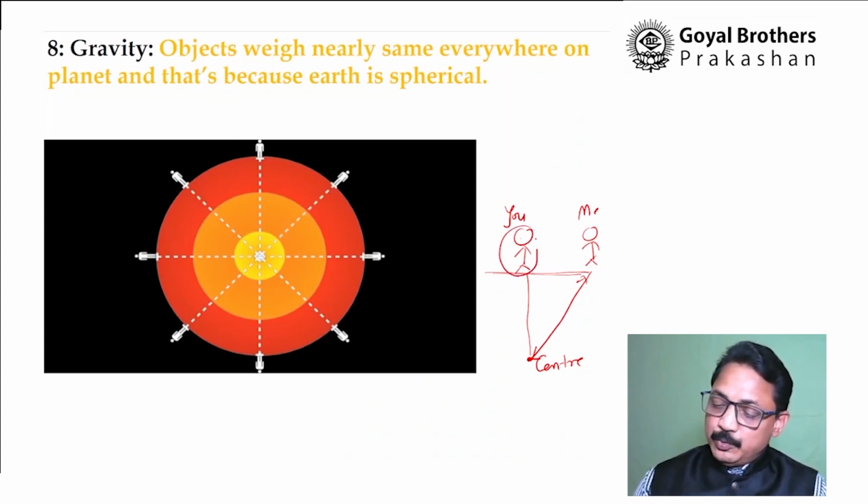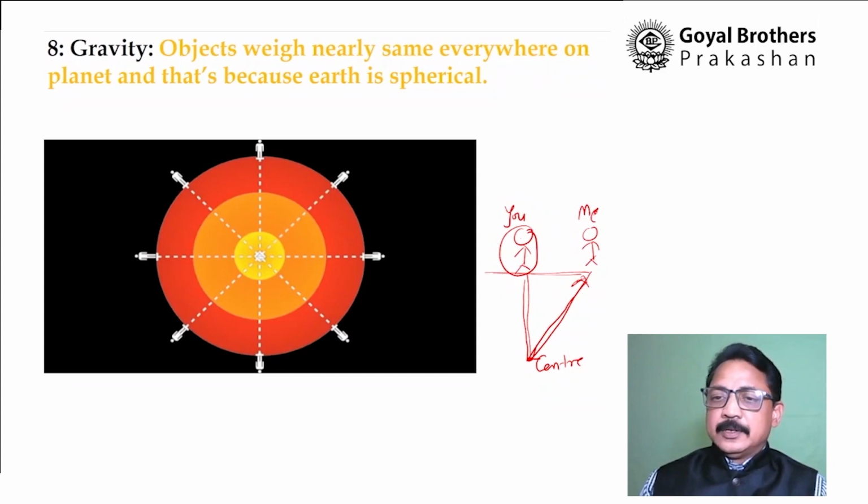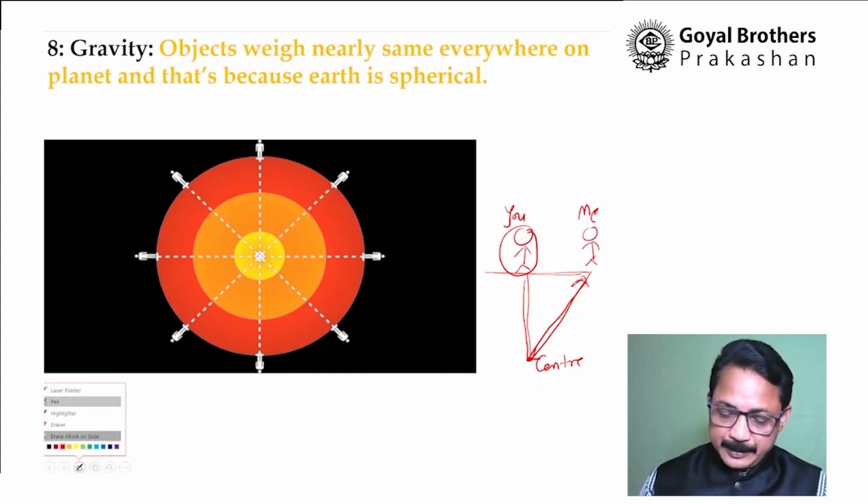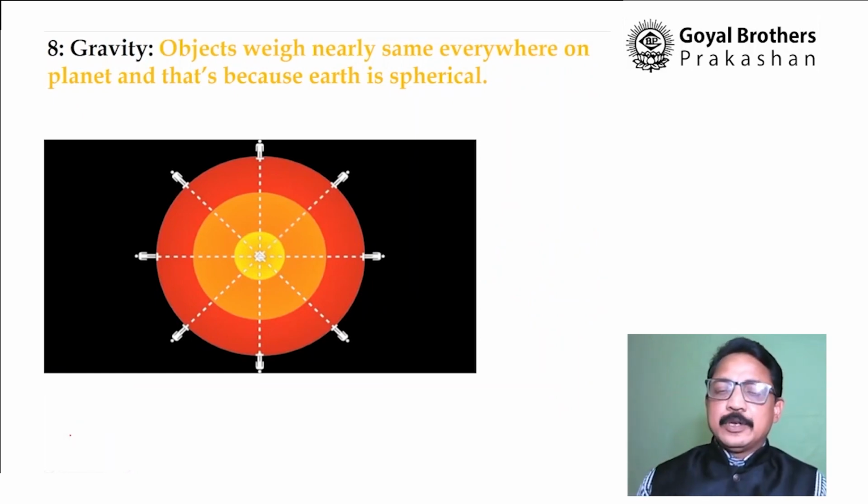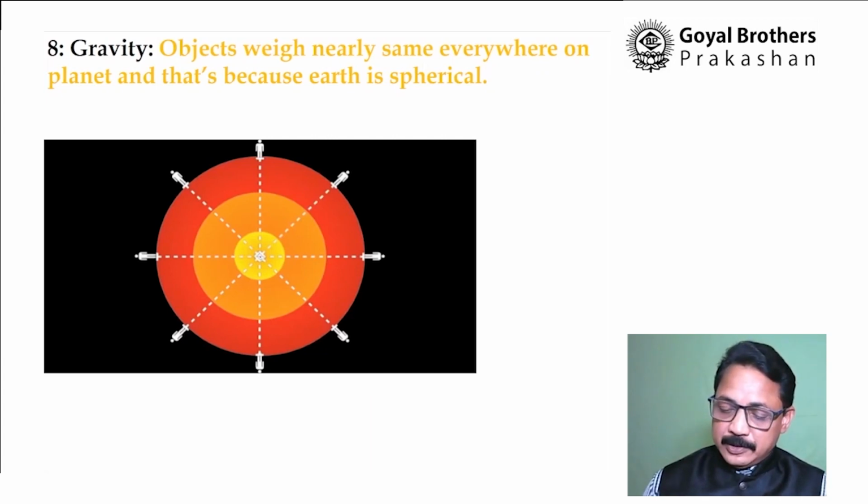So you would have experienced more force of the earth because you are closer to the center, and I would be experiencing less because I am away from the center. But that does not happen. Everyone on earth experiences the same force of attraction, and that is possible because earth is spherical.